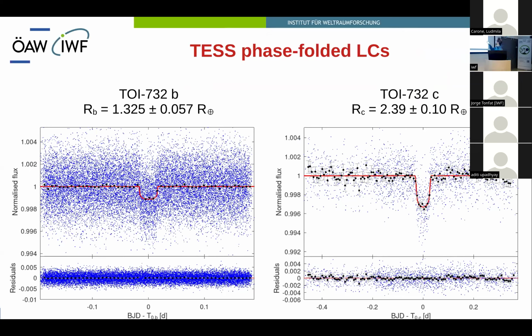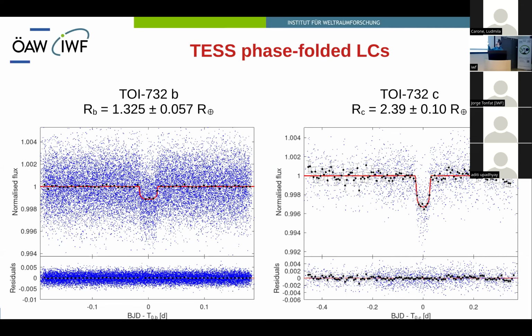These are the phase-folded light curves for planet b and planet c from the TESS instrument. You can see the normalized light curve as a function of time centered on the transit events, and phase folding means that all the transit events were stacked one on the other. The blue data points are the original photometric data, after the detrending.